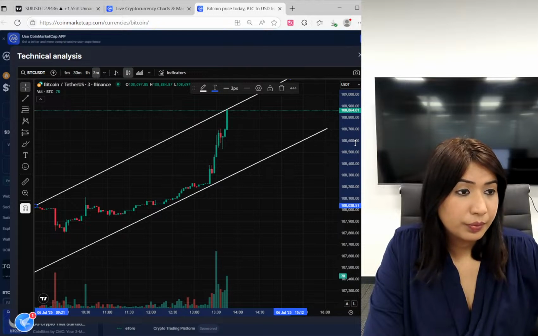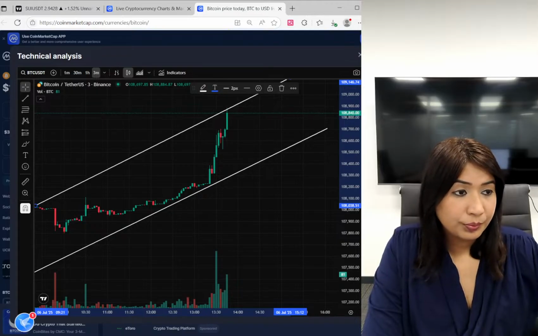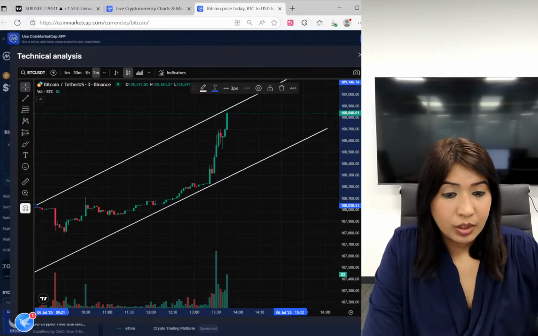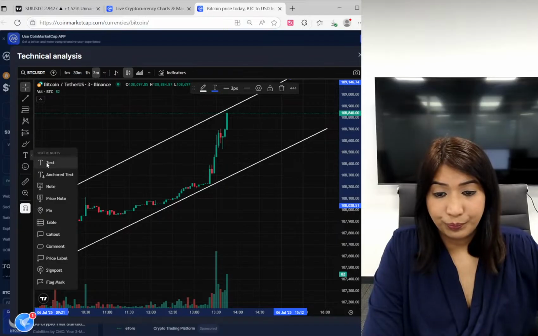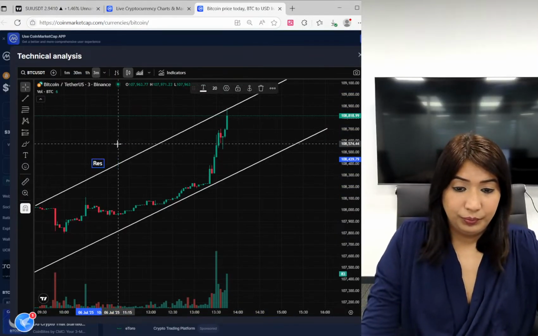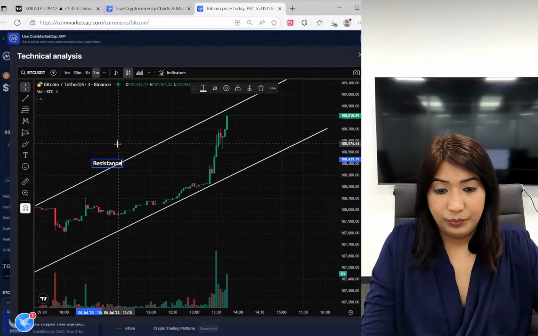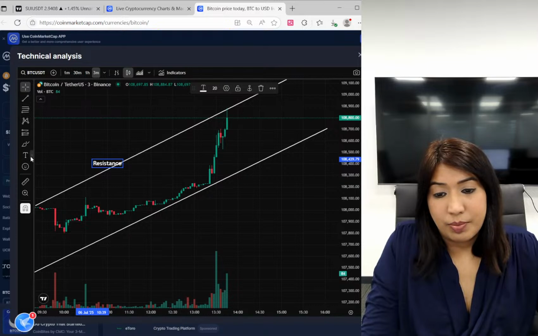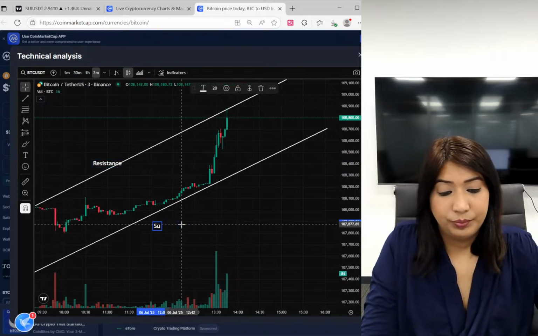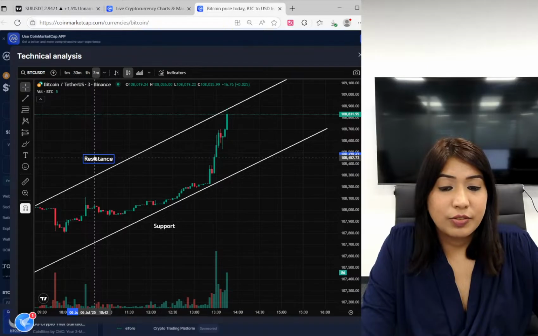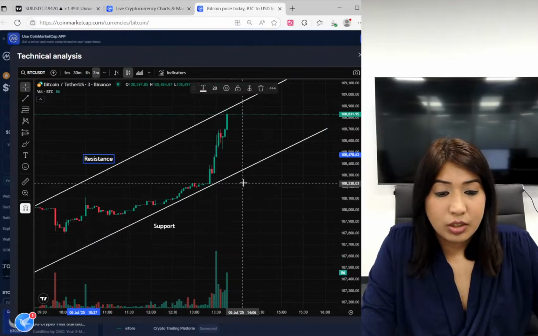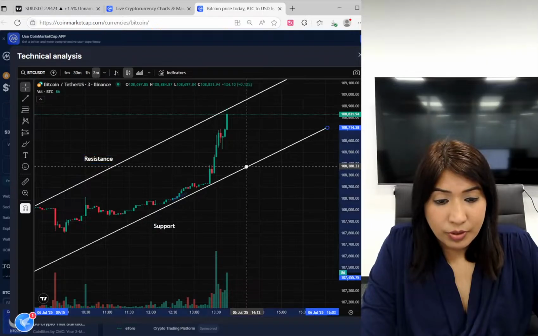So now in this upward trend where my resistance is here, and my support is here, if it breaks through any of these lines is when we will be able to see the reversal of the trend.